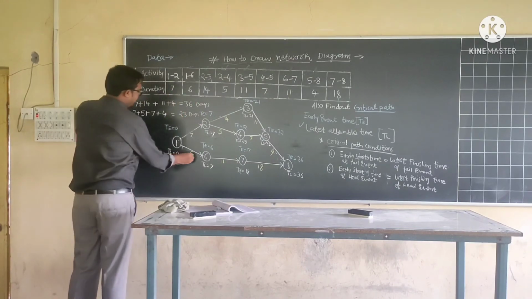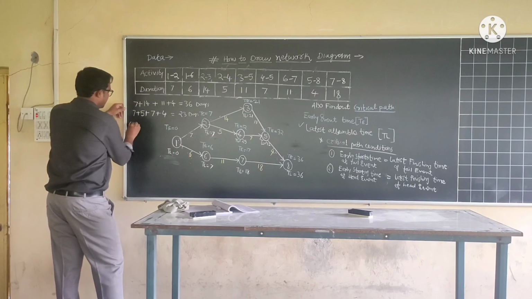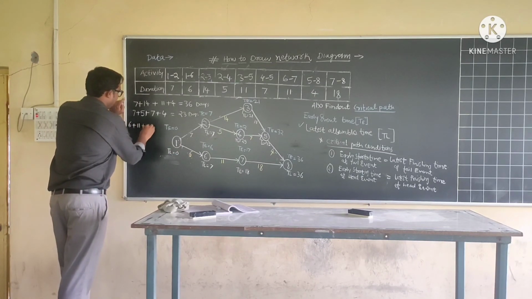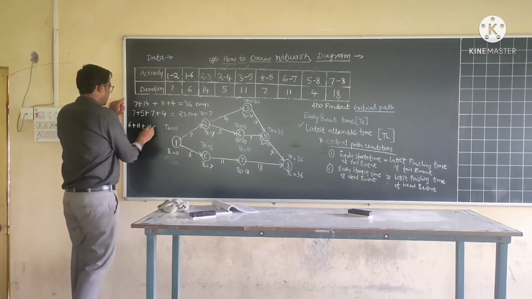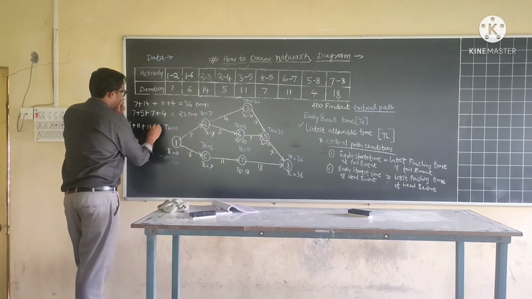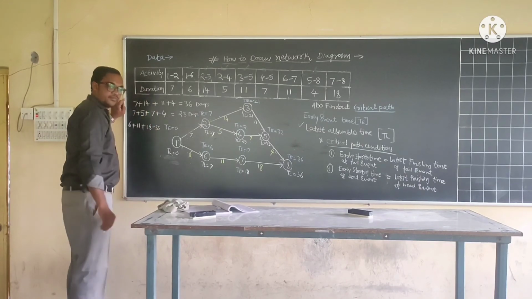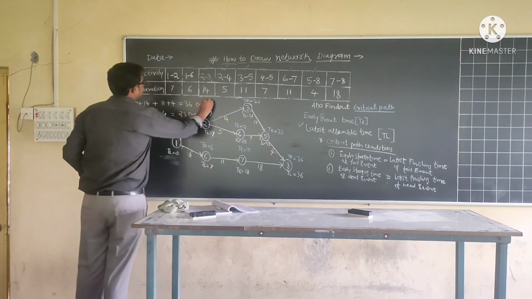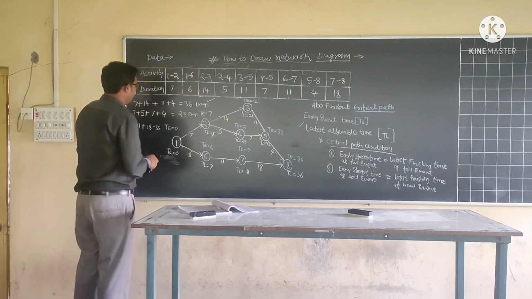And lastly, from this way, 6 plus 11 plus 18 is equal to 35 days.